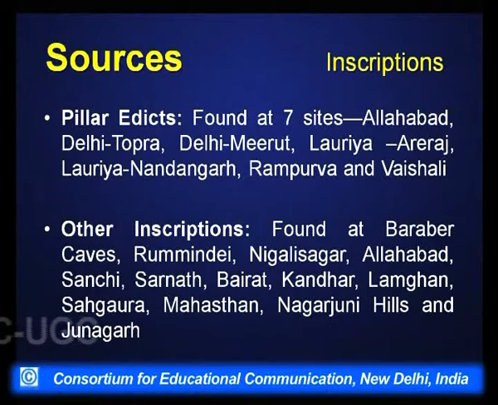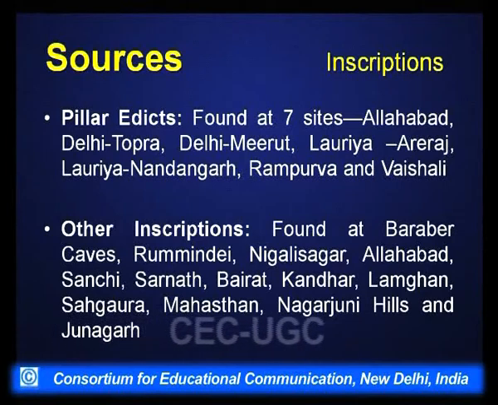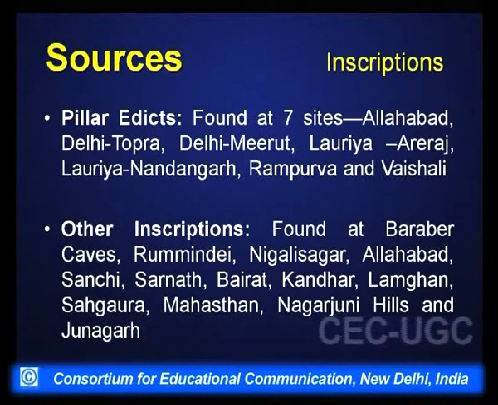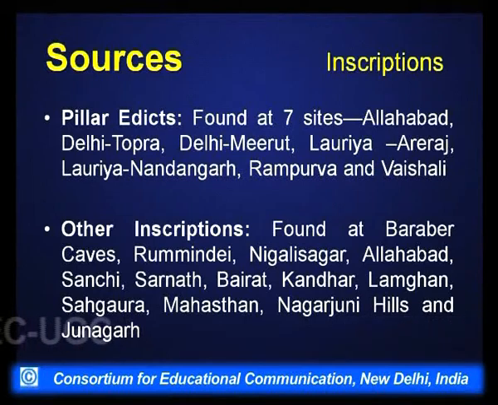Now, apart from it, there are pillar edicts, and these pillar edicts have been found at 7 sites. The names are Allahabad, Delhi Topra, Delhi Meerut, because these are now located in Delhi, which were brought by Firoz Shah Tughlaq from different places and installed in Delhi.